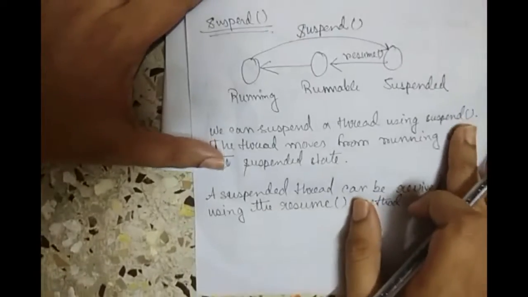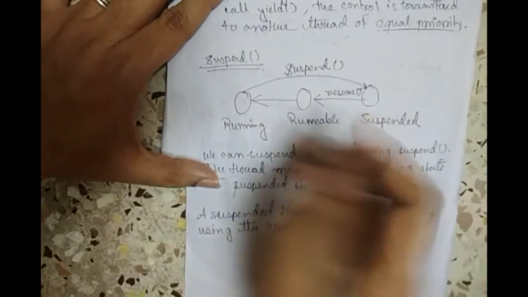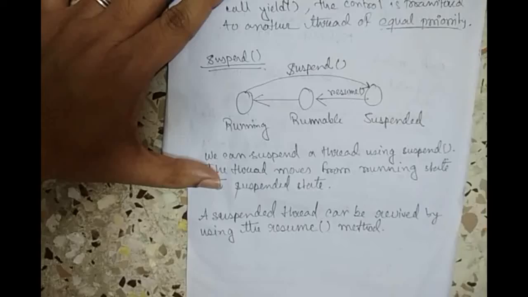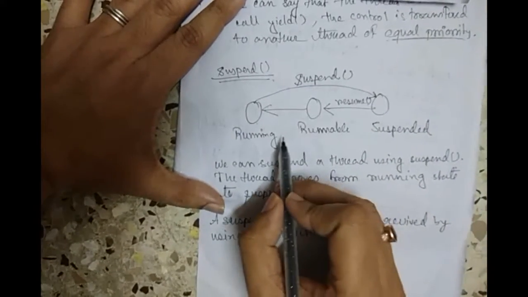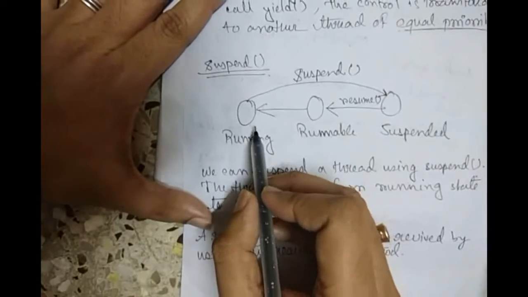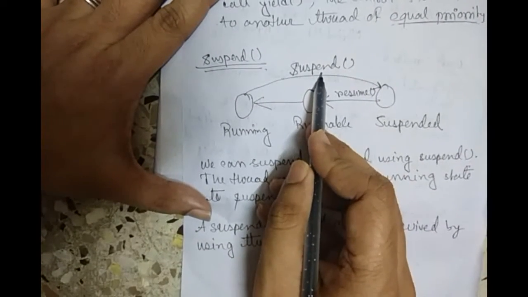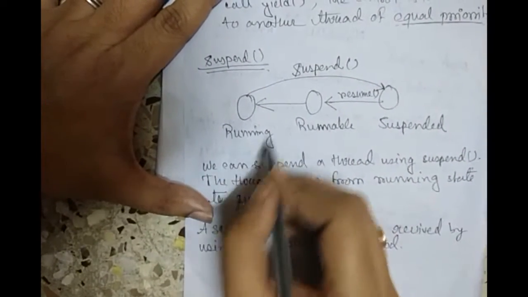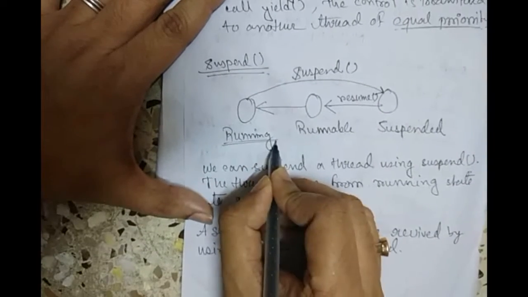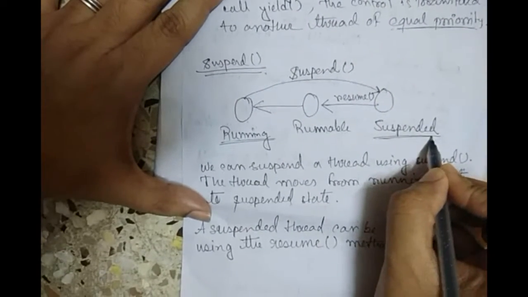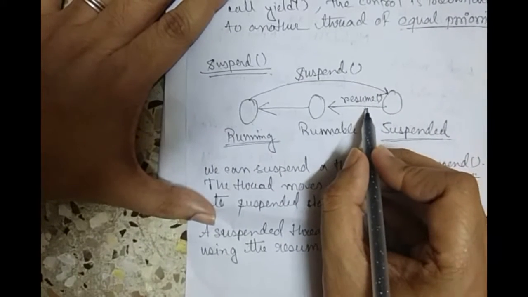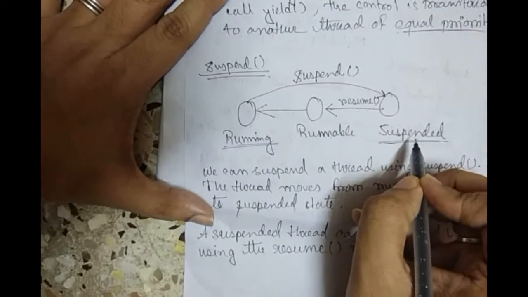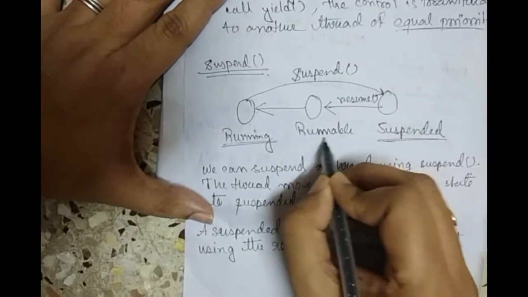Now, the suspend method. You can see the diagram. Whenever a thread calls the suspend method, the state of the thread is changed from running to suspended, and whenever the resume method is called, it goes from the suspended state to the runnable state.